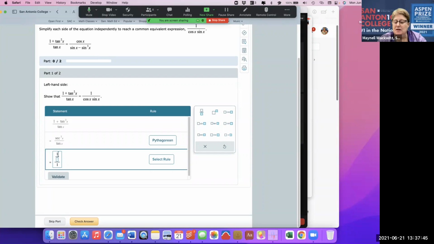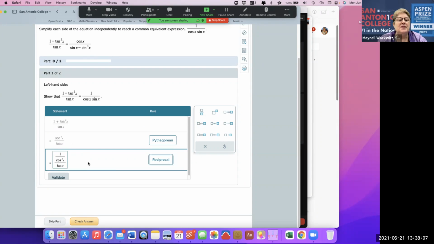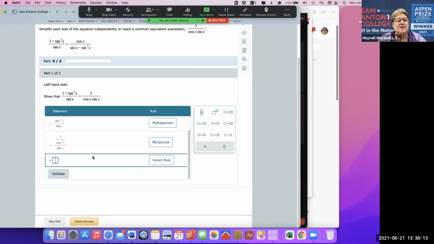It's secant times secant, and secant x is what? Cosine x. So we'll have 1 over cosine squared x in the numerator. We can't replace tangent at the same step. 1 over cosine x is a reciprocal identity, but tangent x equals sine x over cosine x is a quotient identity. It will not let you do them at the same time.